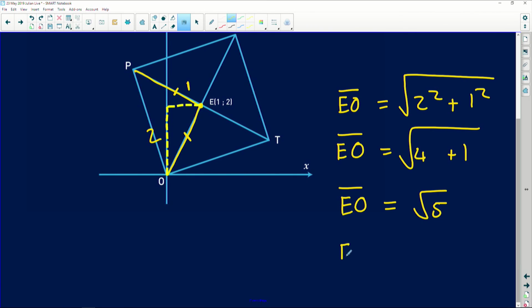Okay, so that is EO. But remember, they didn't ask me for EO, they asked me for EP. But I've just told you that the diagonals bisect one another, and the distances from that point to the vertices are all equal. So that means distance EO is equal to my distance EP. So I have that EP is equal to root 5.